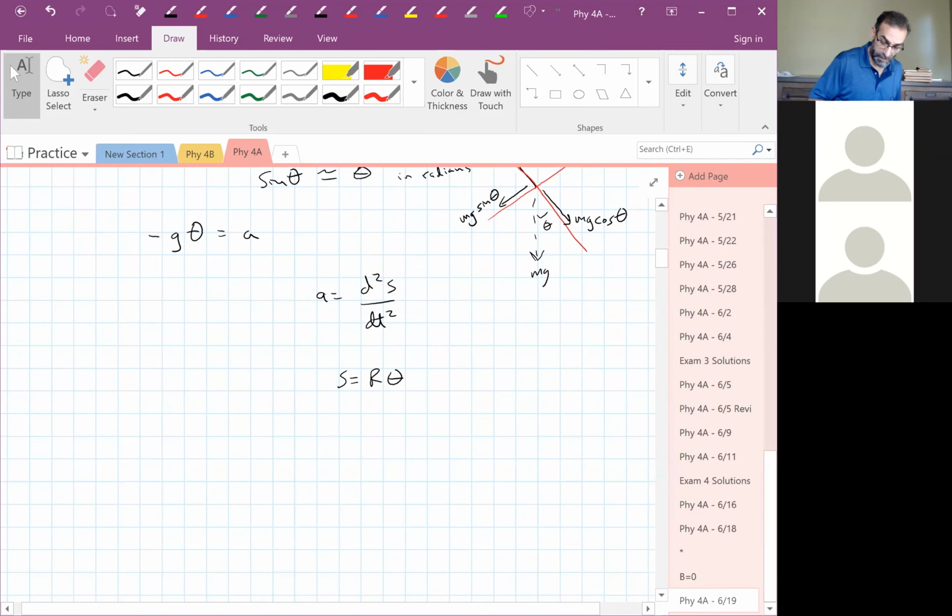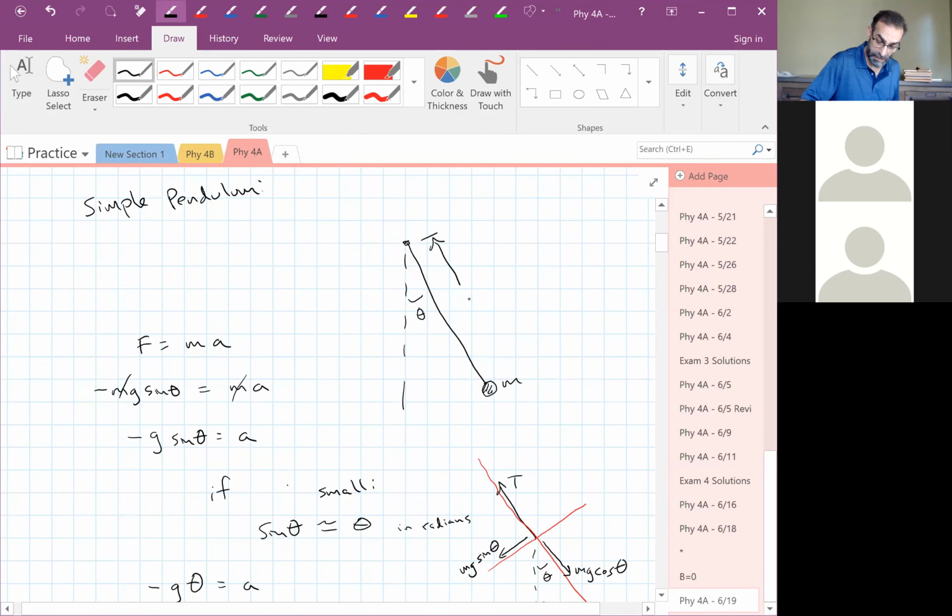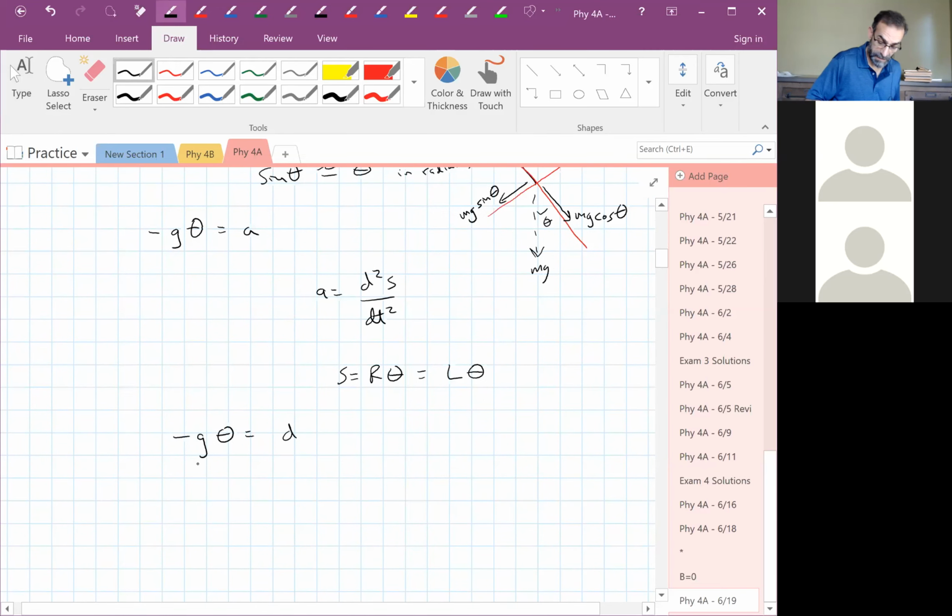So what do we get for our equation? Minus g theta is the second derivative, where L is the length of the string.